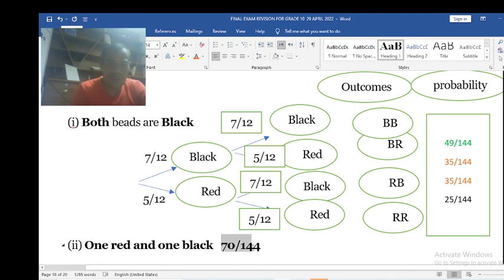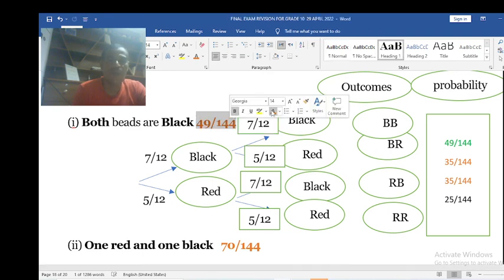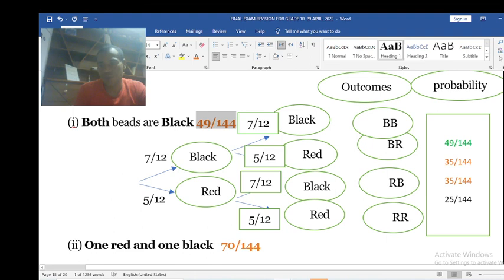You can simplify it or leave it as it is. It will be 35 divided by 72. And here the answer is 49 divided by 144. This is the answer of course, but you should show all your work like that.